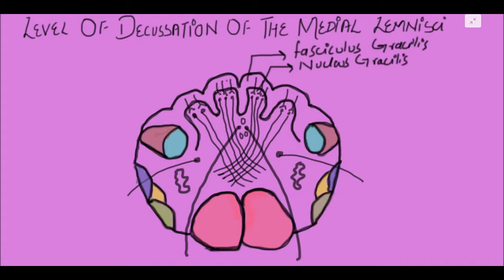Other features we can see here is another fasciculus known as the Fasciculus cuneatus. And these features have already been discussed in my previous video. And here the nucleus is known as the Nucleus cuneatus.